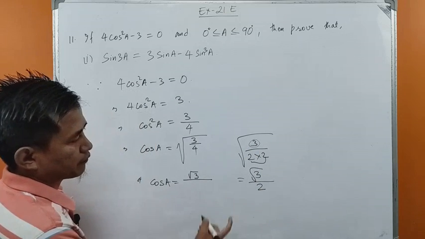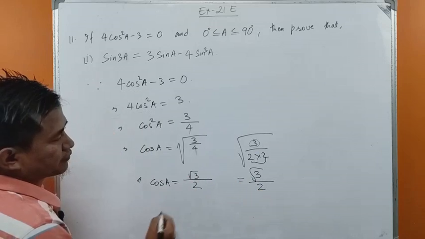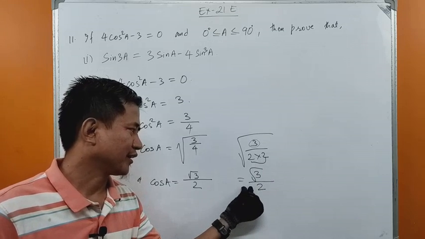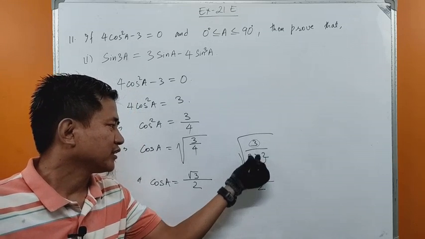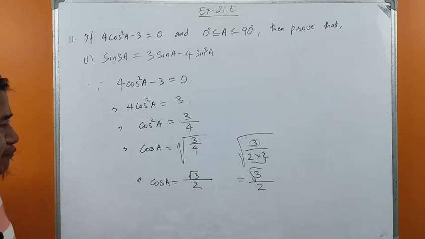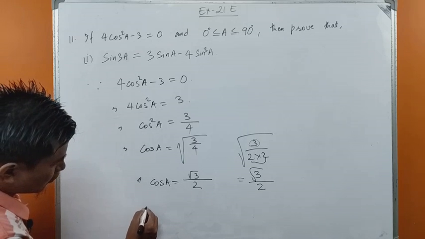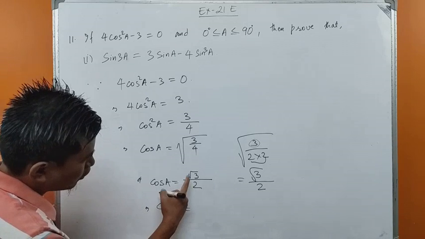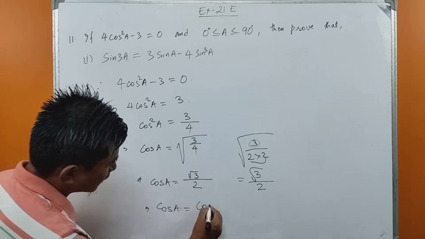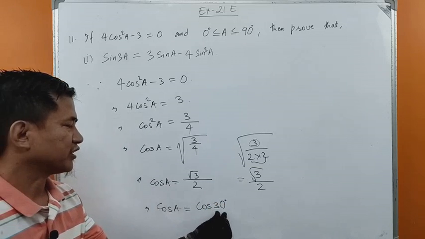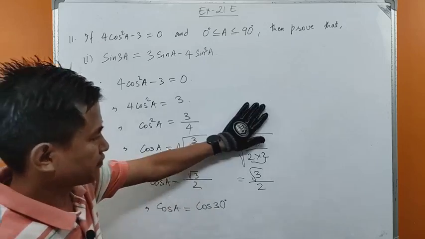Root 3 by 2. Are you getting me? I hope so. 2 and 2 we make the pair and take out of the root. This 3 is a single number, so the root remains for 3. Now cos A equals root 3 by 2 means cos 30 degree. We know the value, cos 30 degree means root 3 by 2.